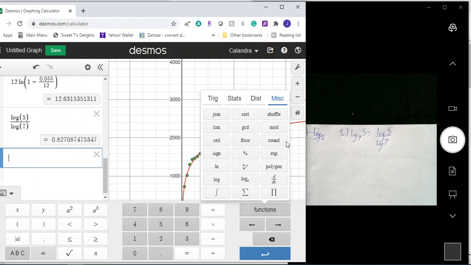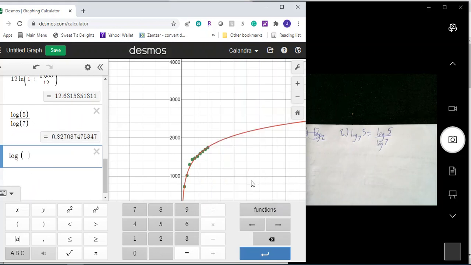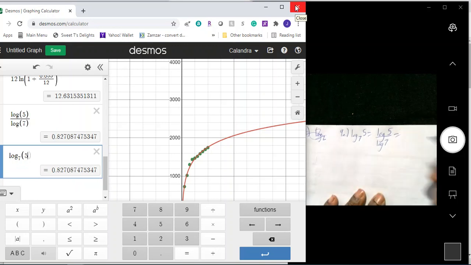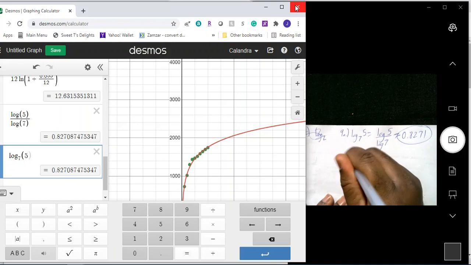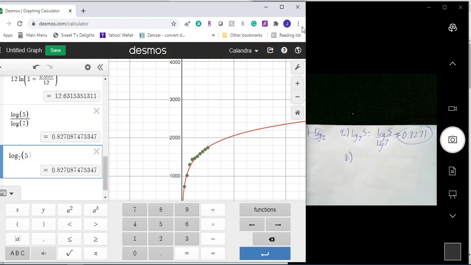So we'll go here and we'll go to log, our base here would be 7, and the number here would be 5. And if you notice here, these answers are exactly the same. So I'm not sure if they want, yeah, they do want us to give a numerical answer here. So we round to 4 decimal places. So this would be our final answer. It's actually an approximation.